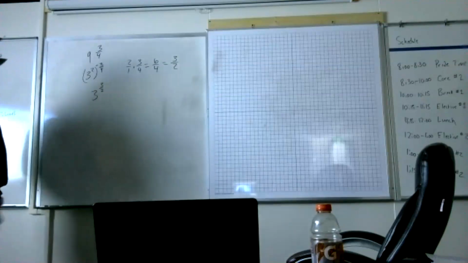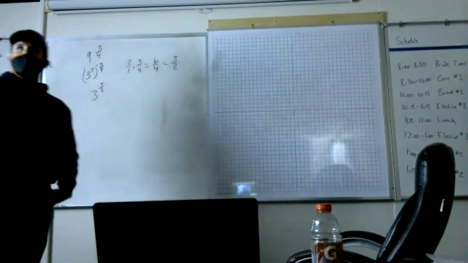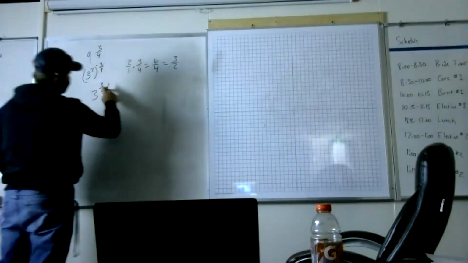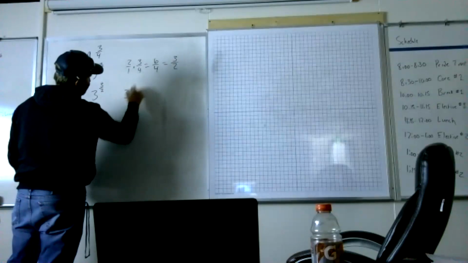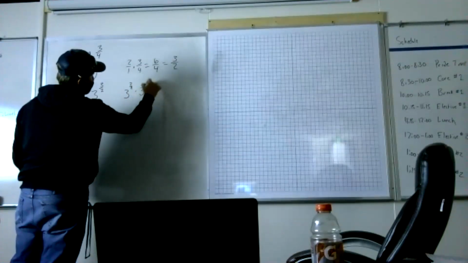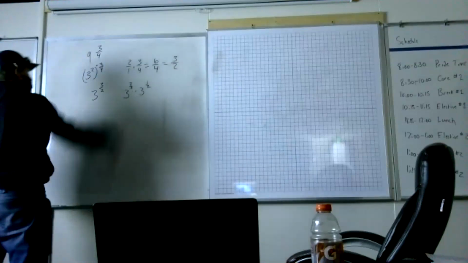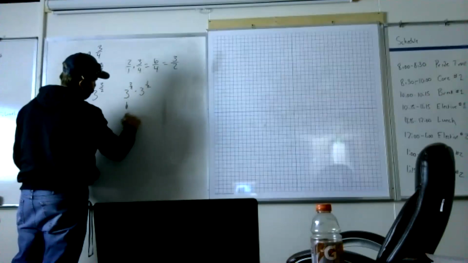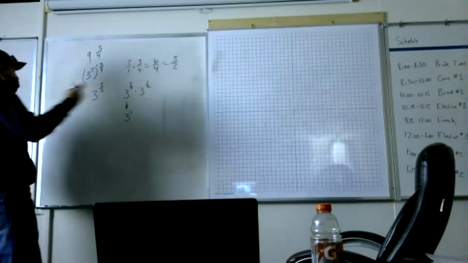Now the next property of exponents is the power property of exponents, which allows us to break this up. I'm going to break this 3/2 into 3 to the 2/2 times 3 to the 1/2. 3 to the 2/2 simplifies down to 3 to the first power, or 3 by itself.